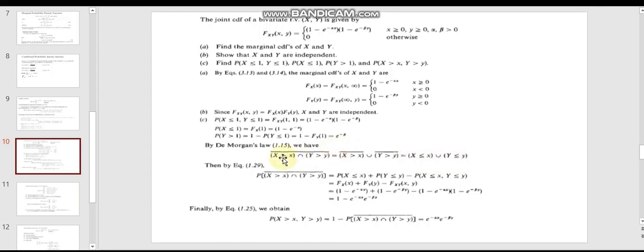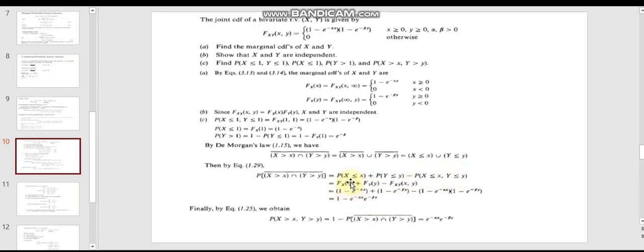So this event can be described like this. So when I take the probability of this event, I will get the probability of x less than or equal to 1 plus probability of y less than or equal to 1 minus the joint probability of x and y.